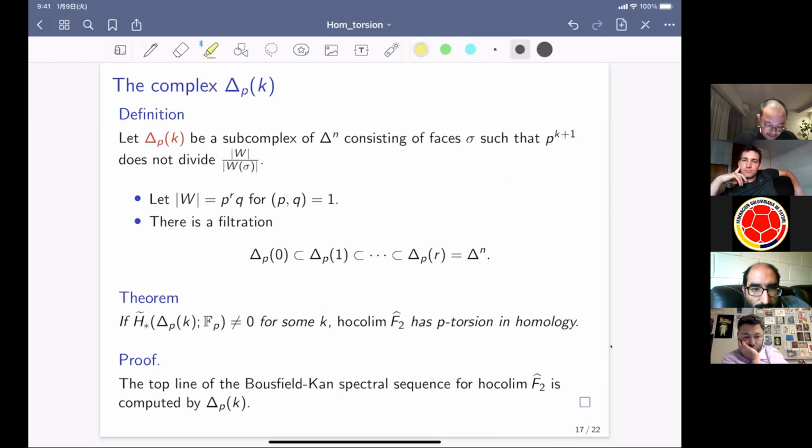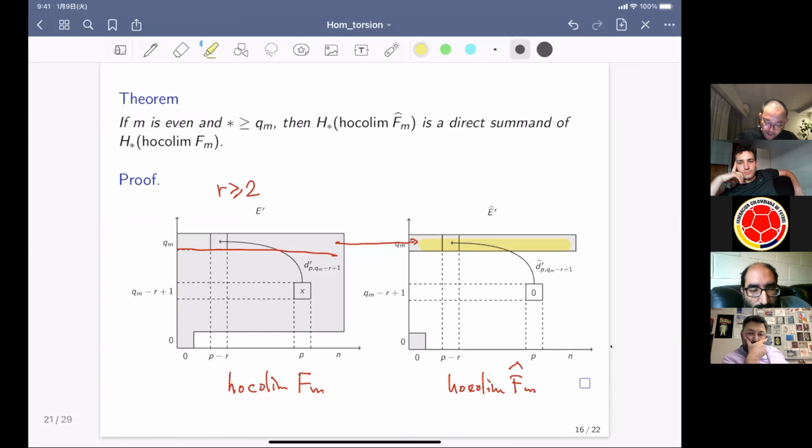So here's the theorem. If the mod p homology of Δ_p^k is not trivial for some k, then hocolim F_2 hat has p-torsion in homology. This is because, as I told you, the homology of Δ_p^k computes p-torsion in the top line of the Bousfield-Kan spectral sequence.